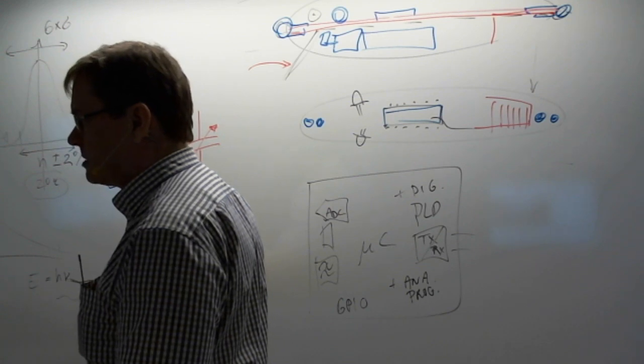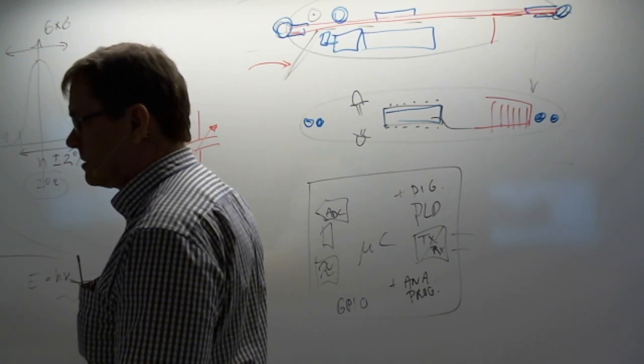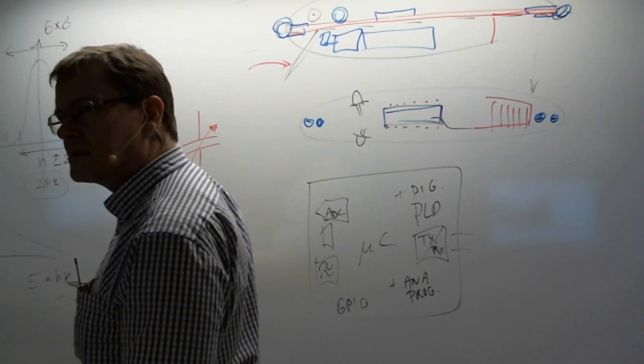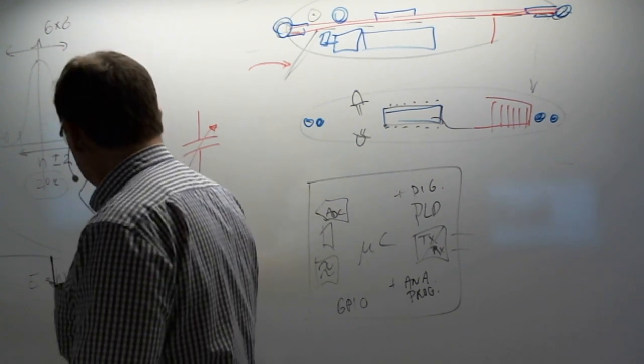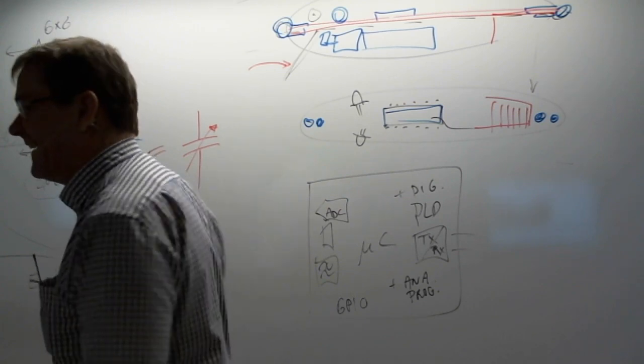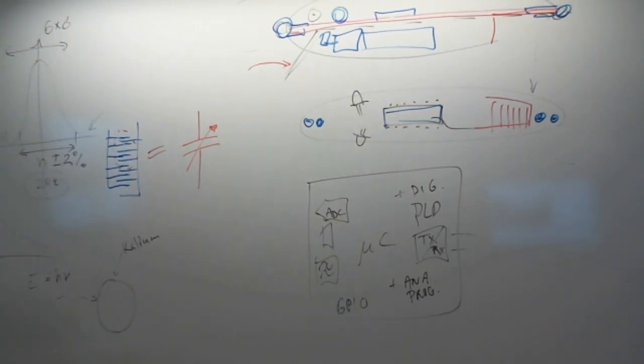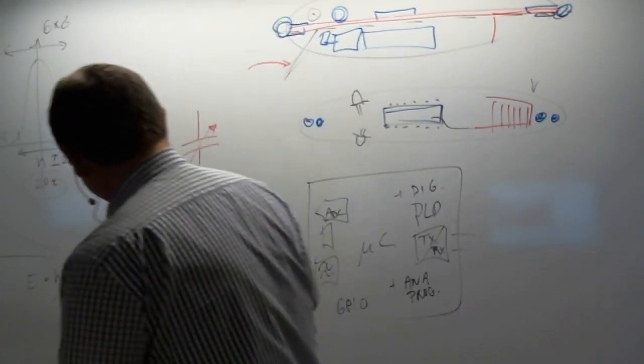Calcium is Ca, and gallium is Ga. Gallium. Okay, gallium. I don't remember it anymore. I used to be a physicist. Okay.